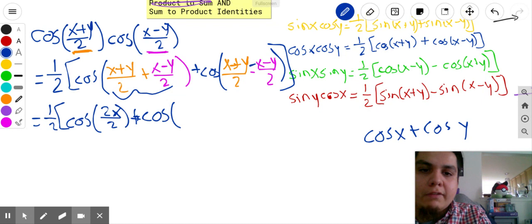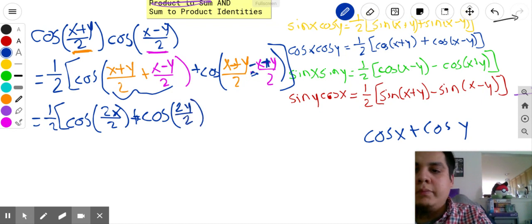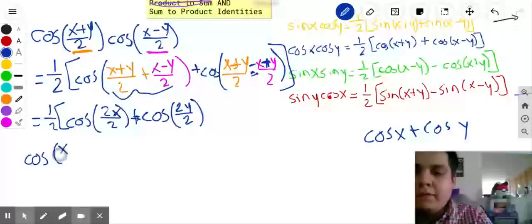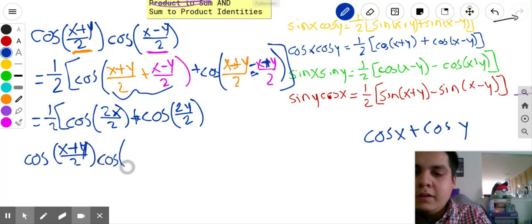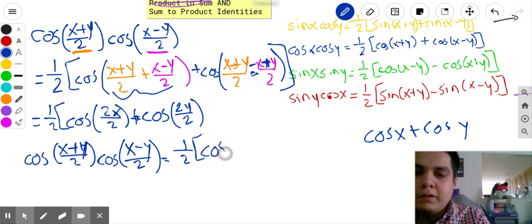This is going to be negative, that's going to turn positive. So that's going to give me 2y divided by 2. So I could end up saying that cosine of x plus y divided by 2 multiplying a cosine of x minus y divided by 2 should equal a 1/2 bracket cosine of x plus cosine of y.